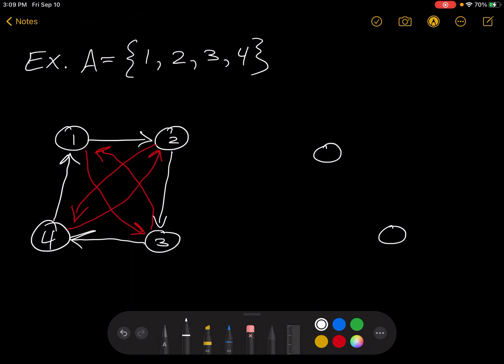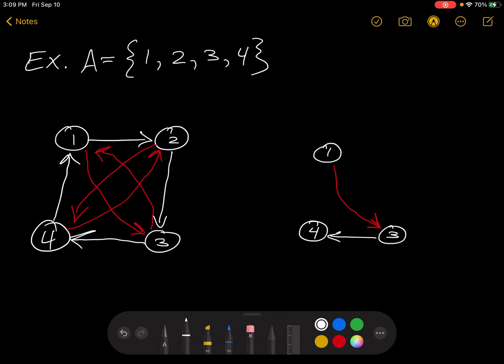So see if you recognize this structure in the graph on the left. Do you see that over there?